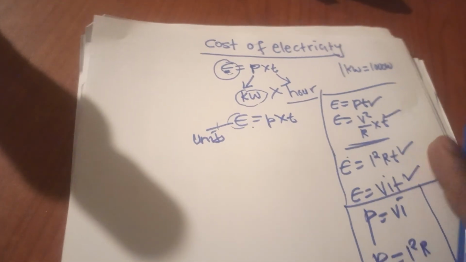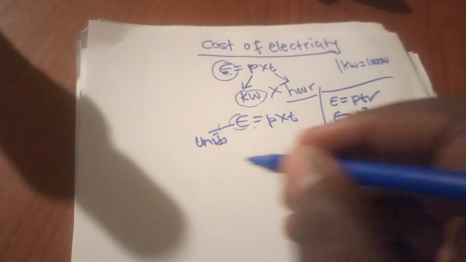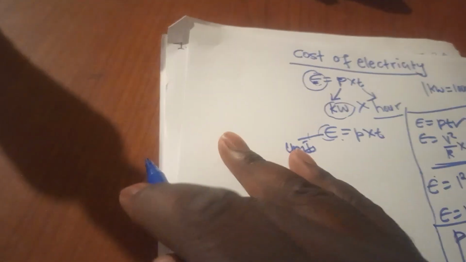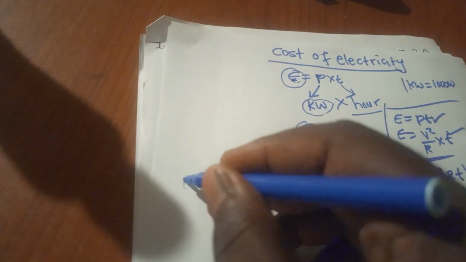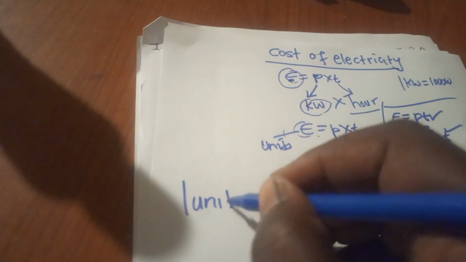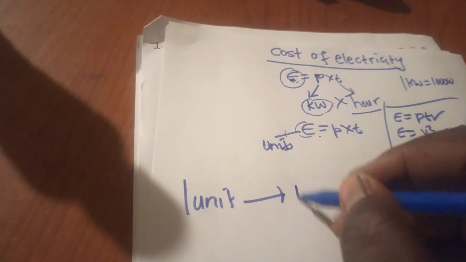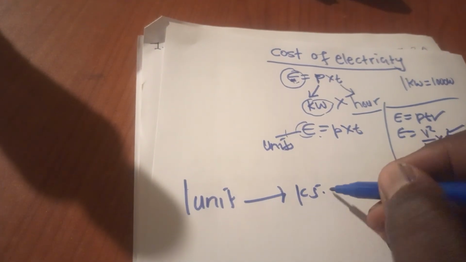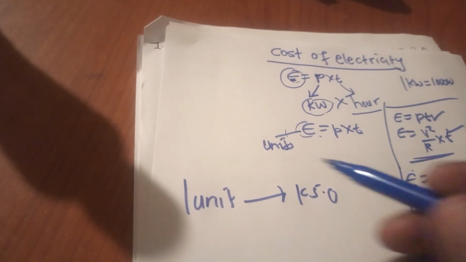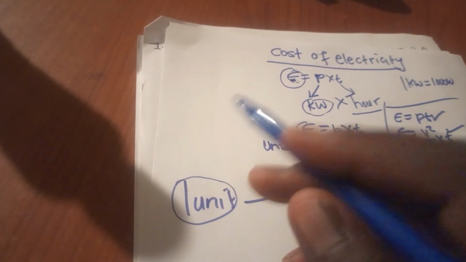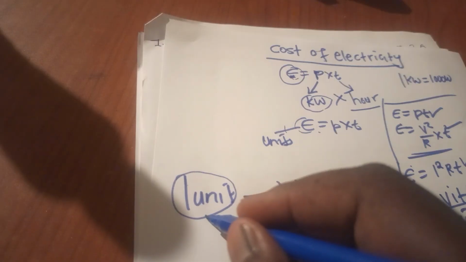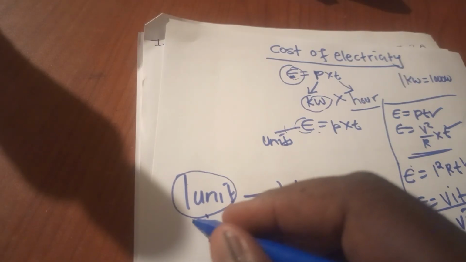As I said, for example, if they say 1 unit costs maybe 5 kwacha, it means this unit is present in energy, so here I need to find energy.